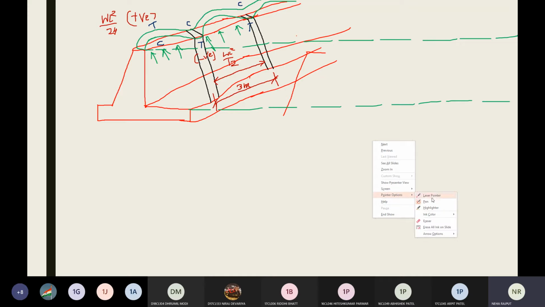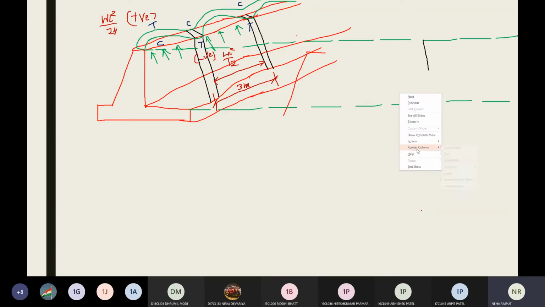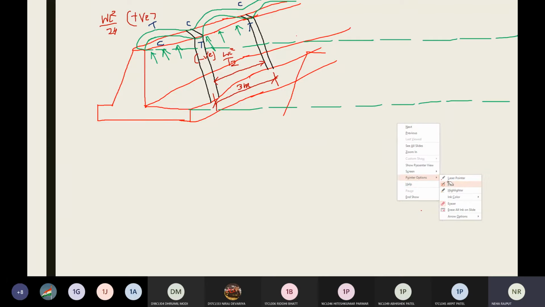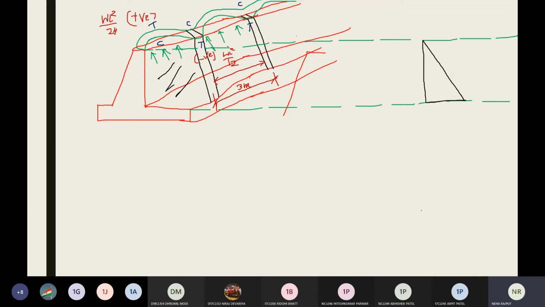Very first I will draw the active pressure diagram, which is a triangle. Here it is all backfill, so backfill gives the active pressure diagram.